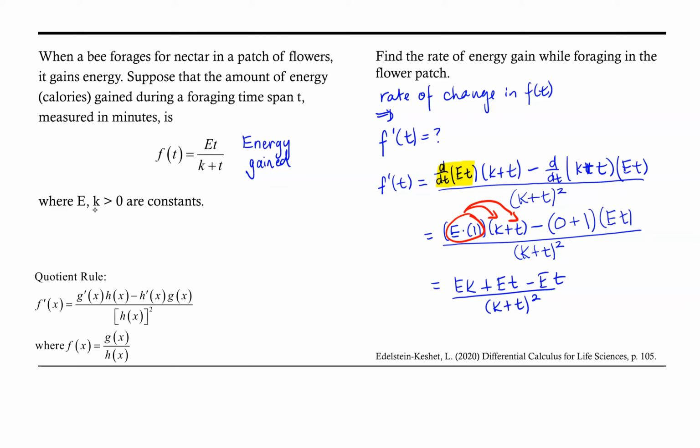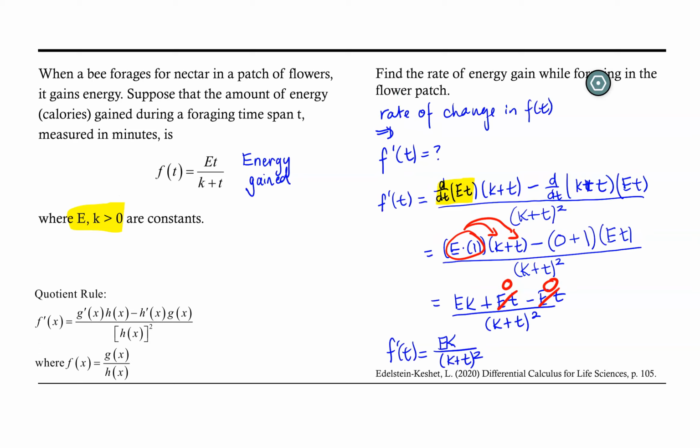Now, simplifying things a little bit, I've got a plus et and a minus et, so those will sum to 0. And so my derivative ends up being f prime of t equals e times k over k plus t squared.